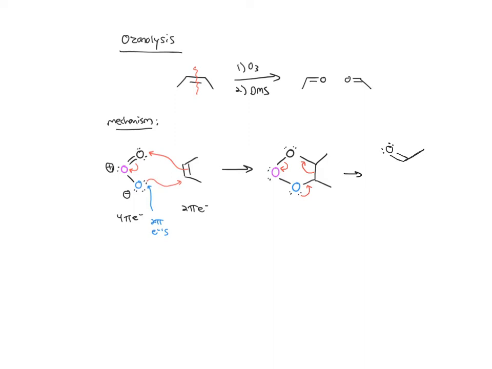So if we want to number the carbons 1, 2, 3, and 4, this would be carbon 4 at the end and 3 that's doubly bound now to the oxygen.